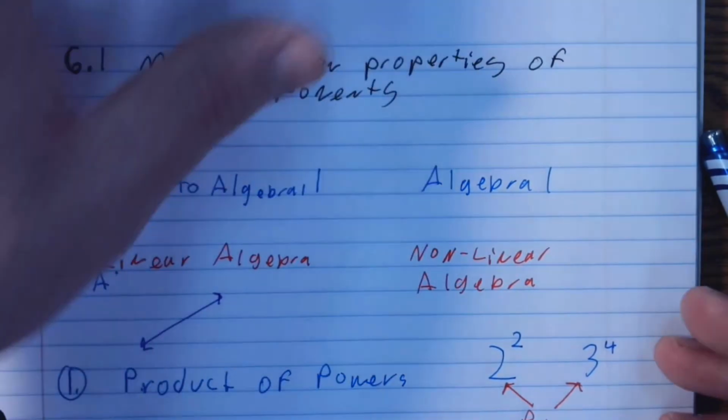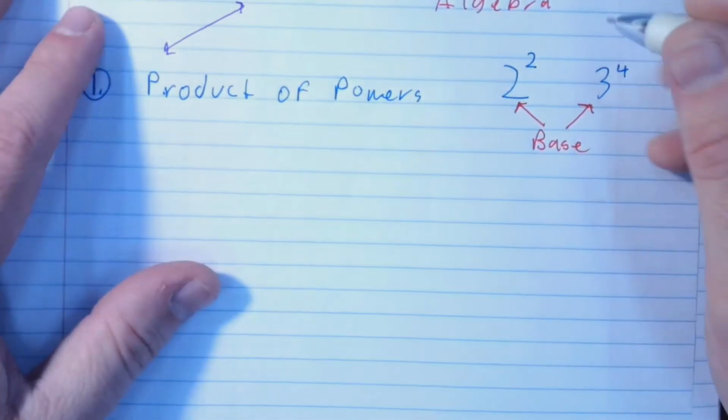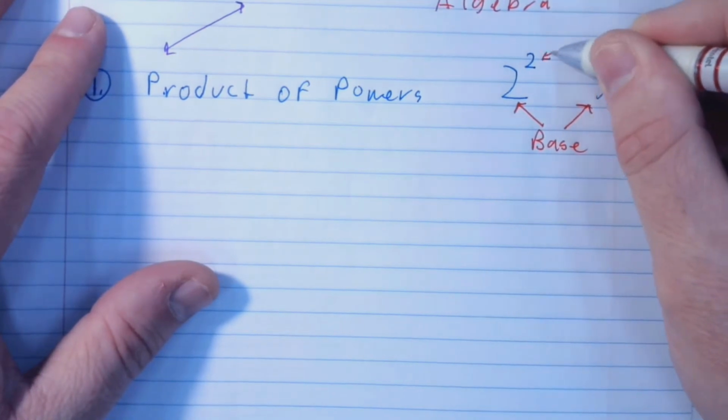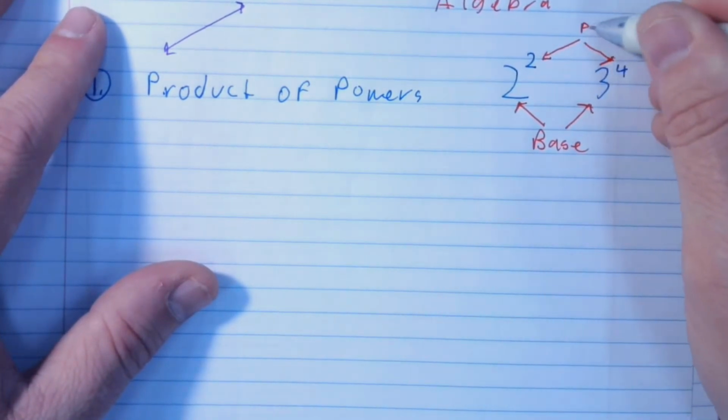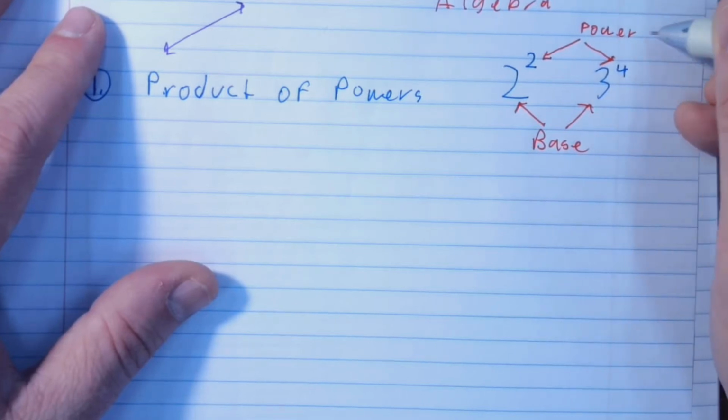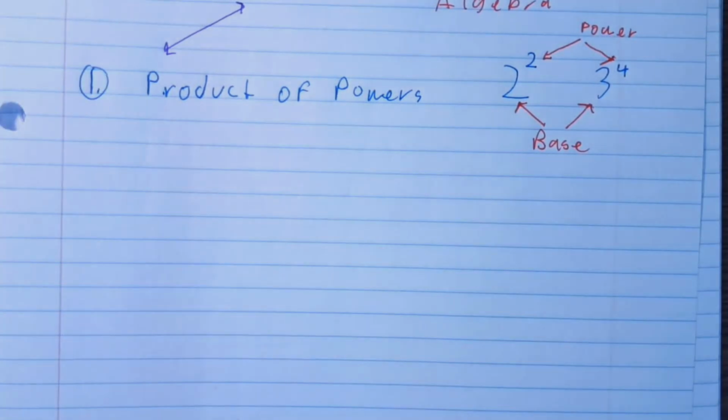These little numbers are called the powers. So I might say 2 to the second power, or 4 to the fifth power.